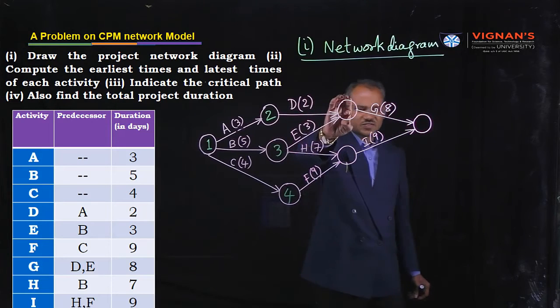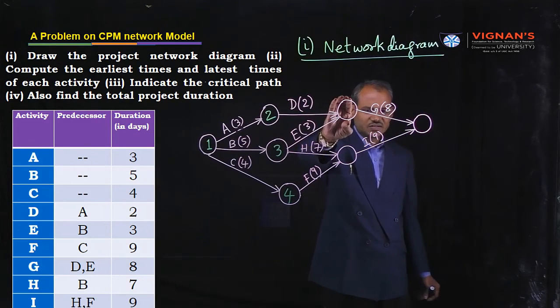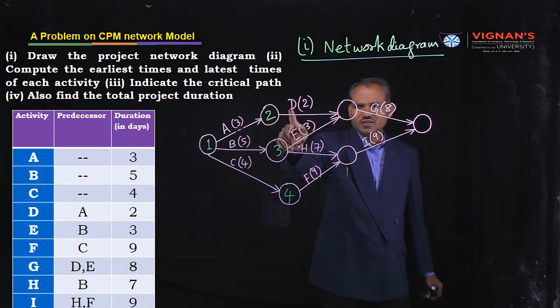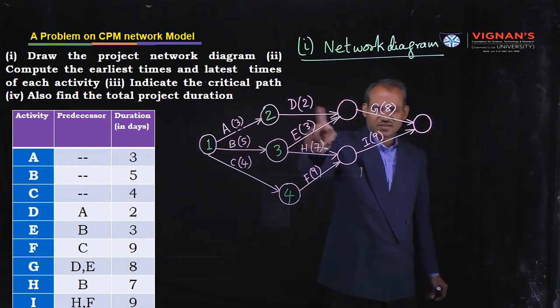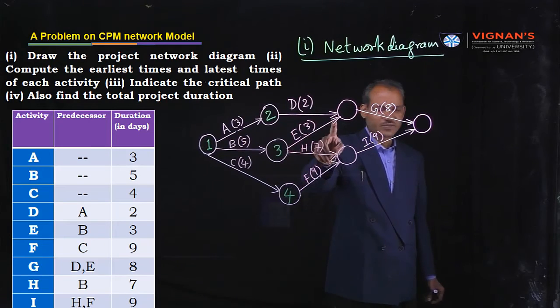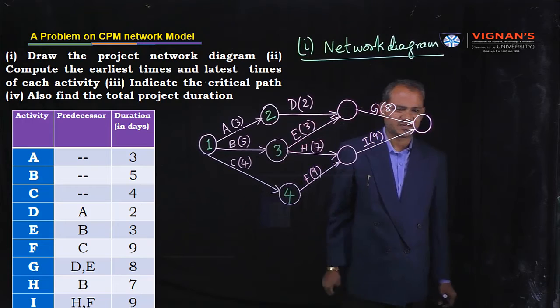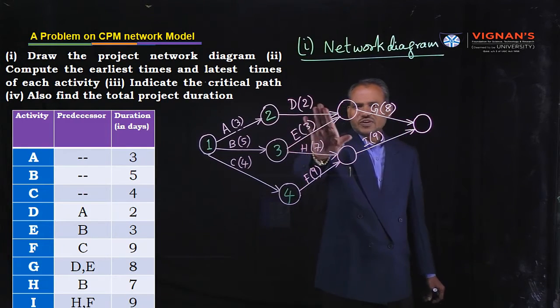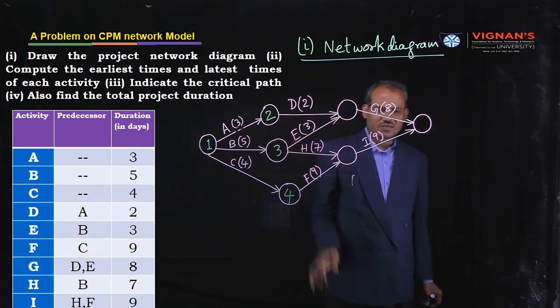Next, coming to this node. D activity is coming, and E is also coming. 2 entering arrows are there. First, consider one by one.